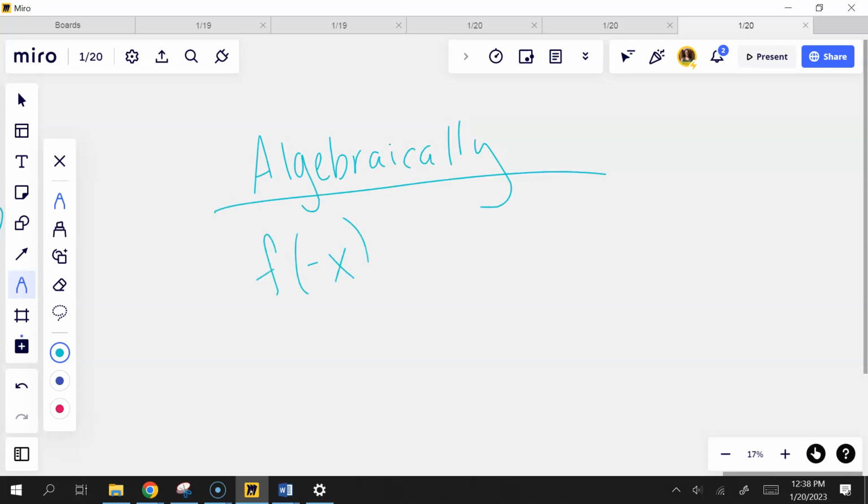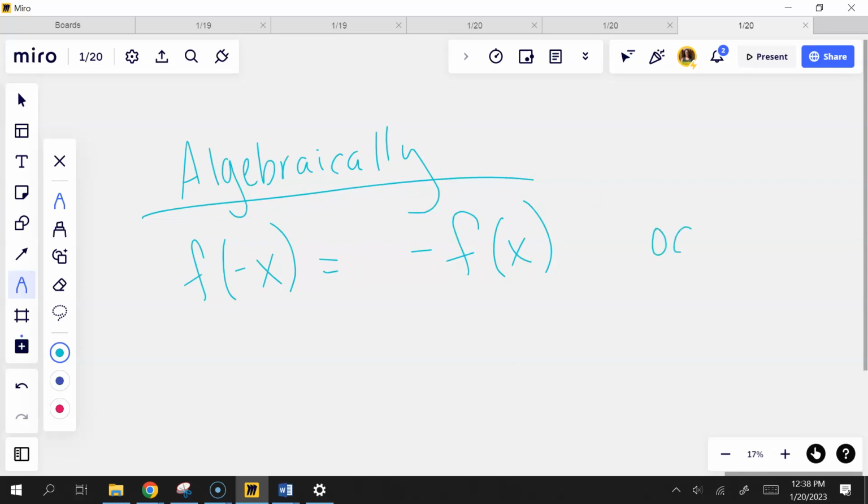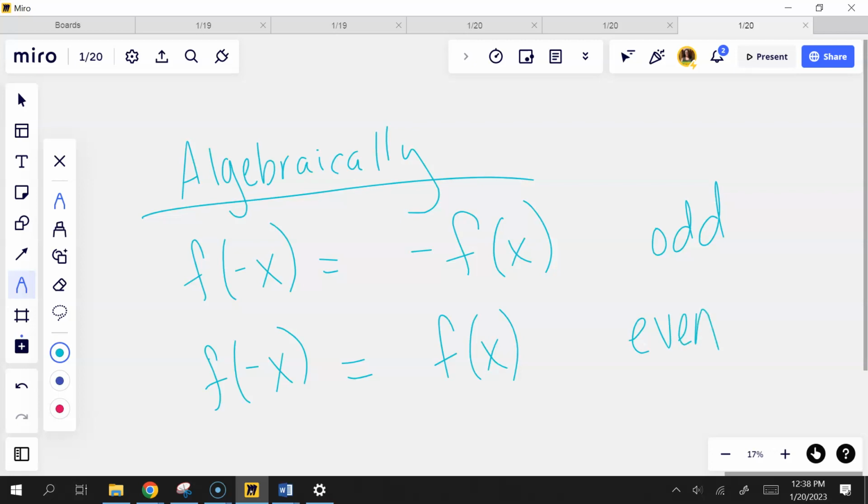If you change every x to negative x, and it gives you a completely opposite equation, it is an odd function. Remember, odd functions have rotational symmetry. But if you put a negative in for every x, and what you get out is exactly what you started with, then it is an even function, and of course that means it's got what kind of symmetry? Reflectional, right.